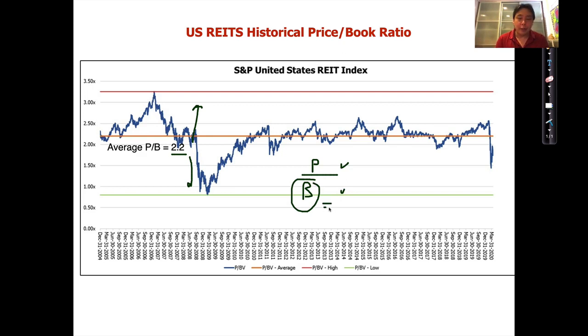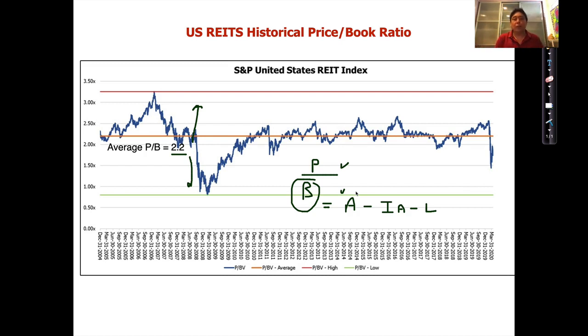Now, book value is assets minus intangible assets minus liabilities, correct? Now, here's the tricky part. How the Singapore accounting system works and how the US accounting system works is really different.